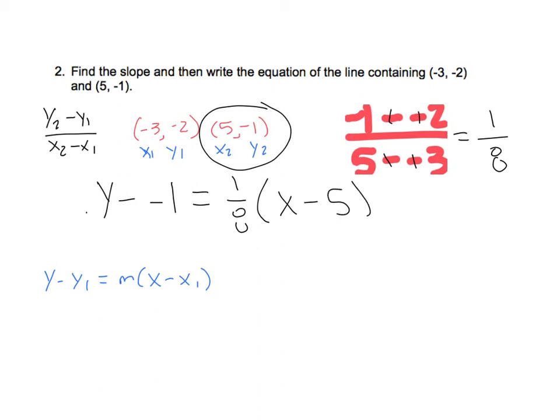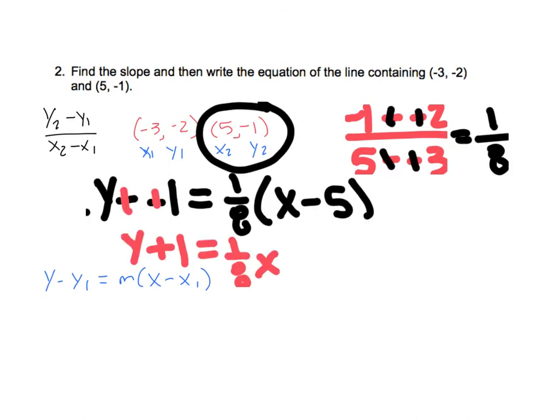All right, now the nice thing here is that this double negative becomes positive, so this is really y plus 1 equals 1 over 8 times x is going to be 1 over 8 times x. And then 1/8 times a negative 5 is going to be negative 5 over 8. So solving for y, I'm going to subtract 1 from both sides.